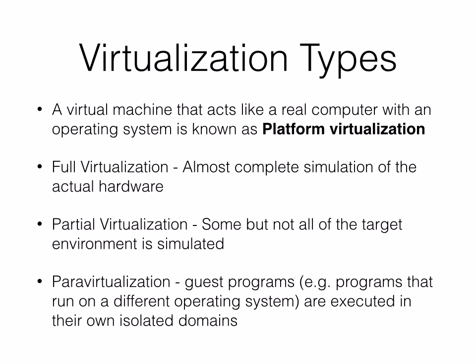And then you have the notion of paravirtualization, where guest programs that run on different operating systems are executed in their own completely isolated domains. And with paravirtualization, there's potentially more translation that has to take place. But once again, this all depends.